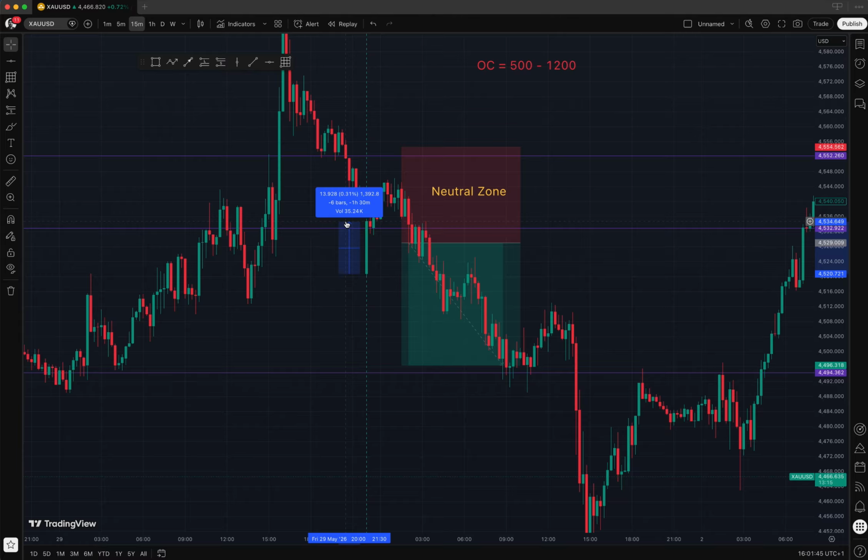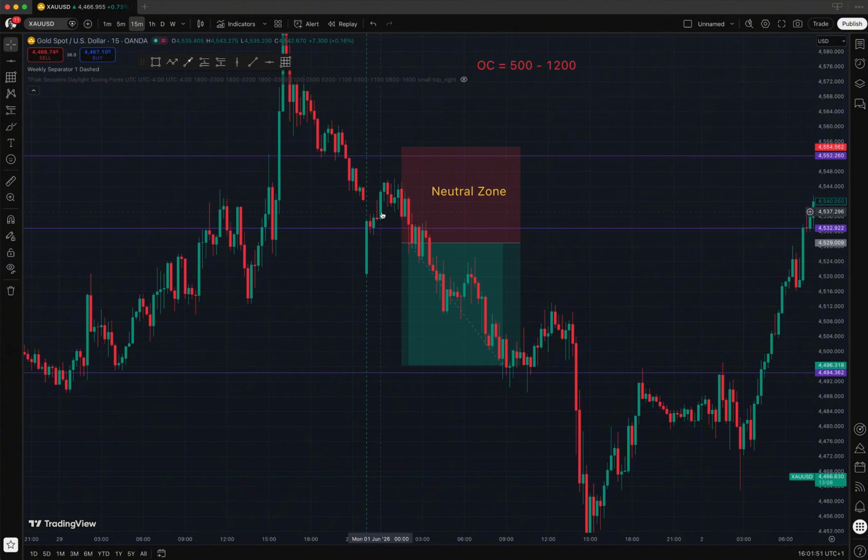So in this case, we ignored it and started from the next one. 1, 2, 3, 4, opening channel, and then projection on the upper side because the next one closed above. If it were to close below, the next channel would have been below, and so on.